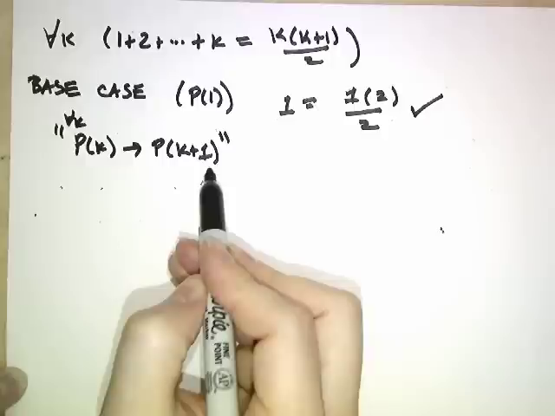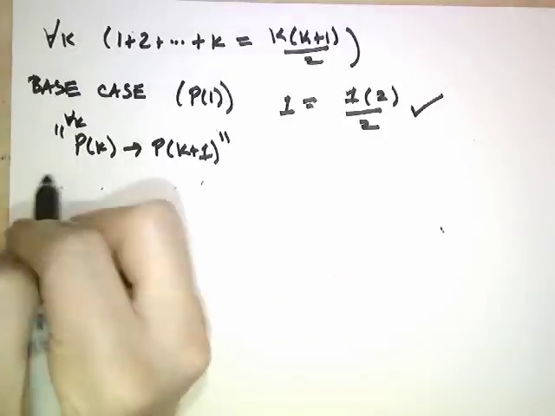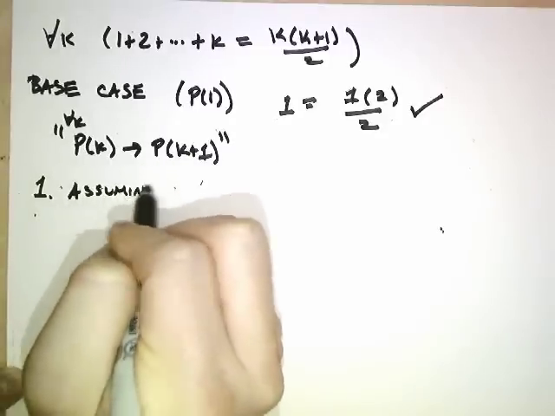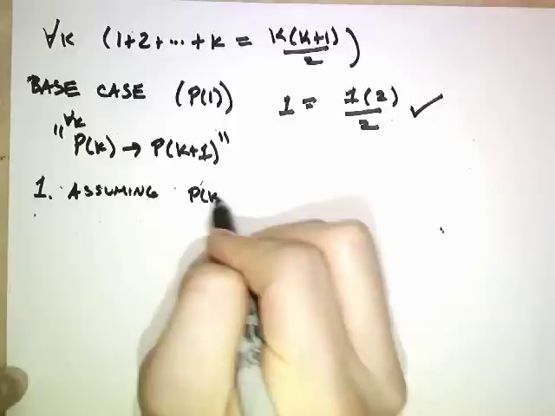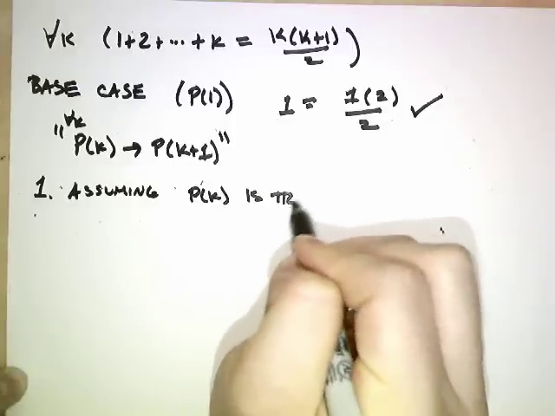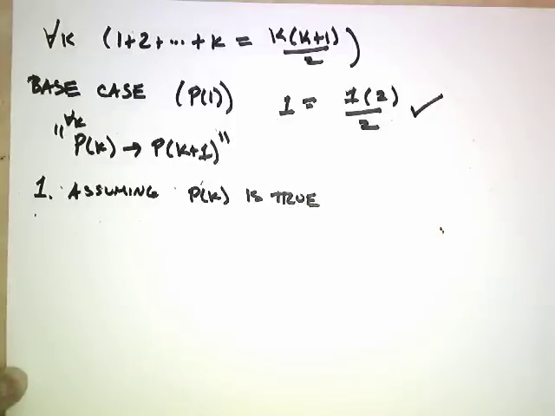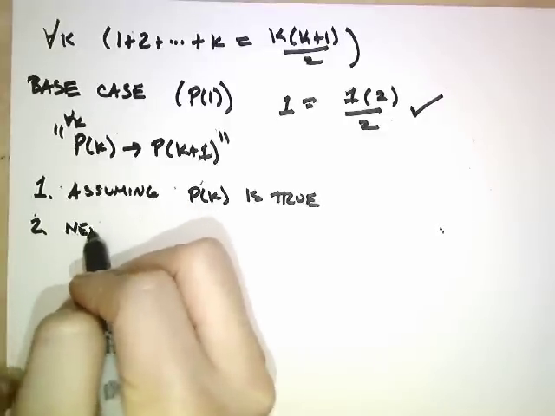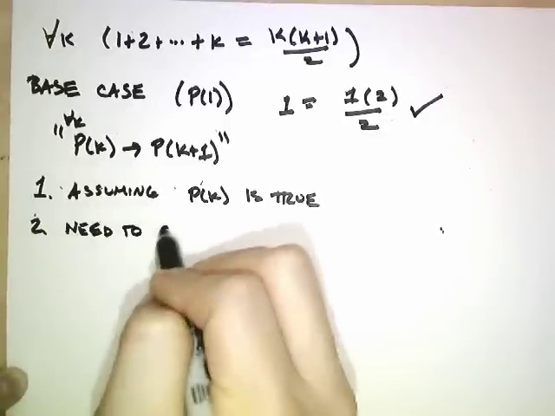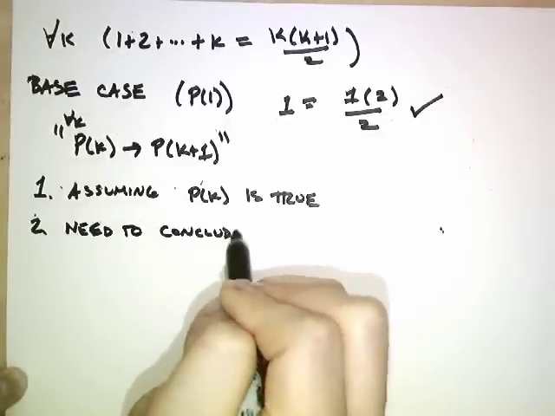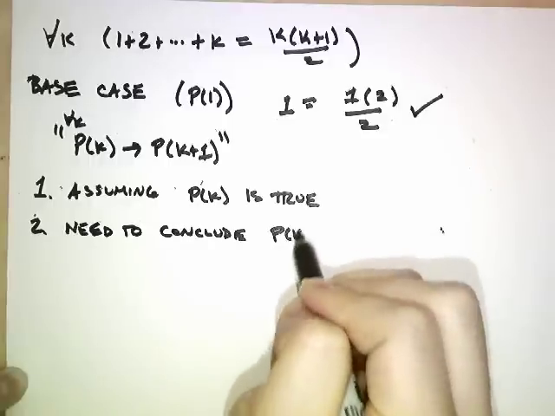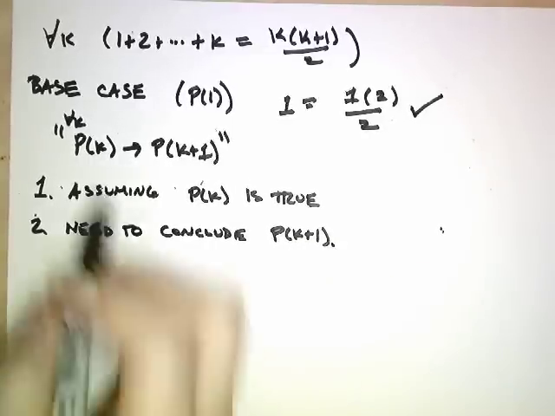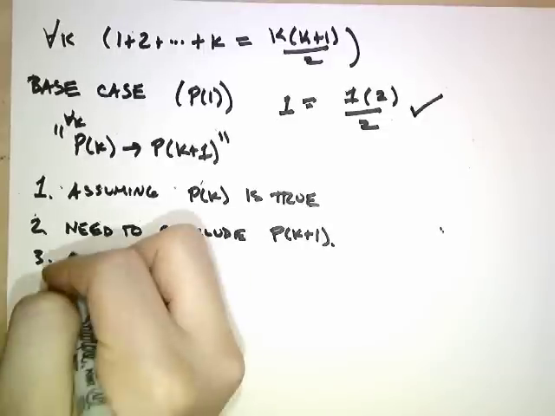So remember, how do we prove an implication? We start by assuming that P of k is true, and we need to conclude P of k plus 1. So what is P of k plus 1?